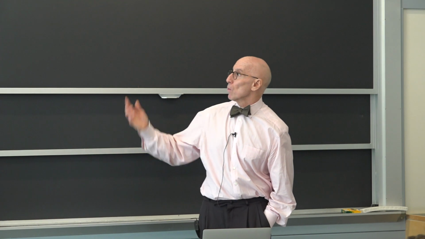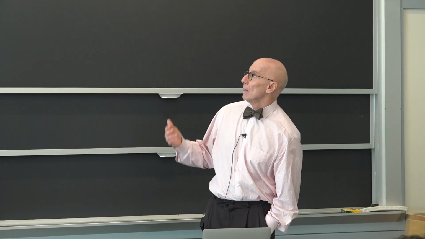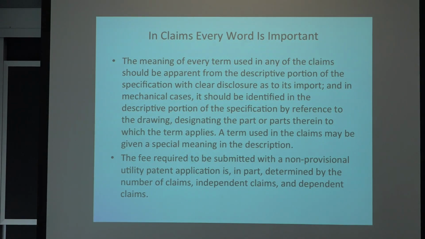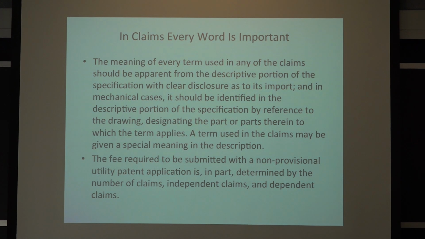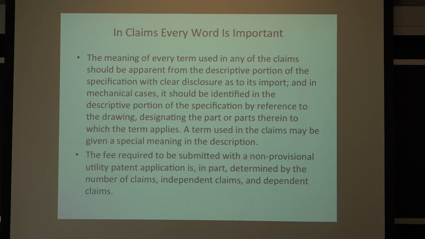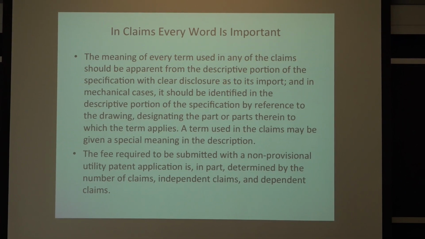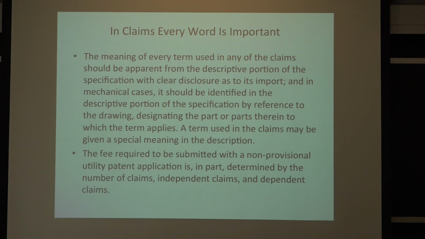In claims, every word is important. Again, whether you're talking about a gene editing methodology or a device, you've got to be as descriptive and precise as possible. And you will be the best source for what works here. Nobody knows as much about your research and your invention as you do.